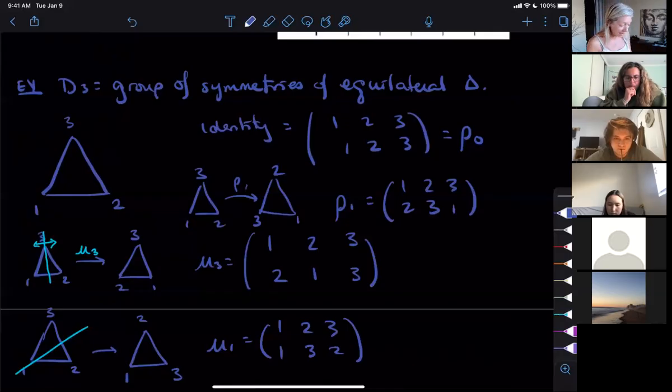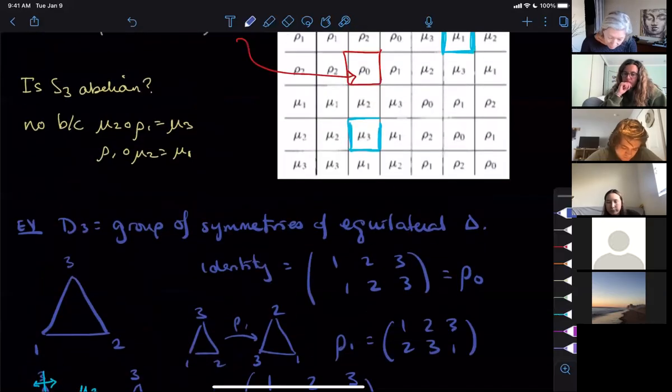Do I need to include the identity as a generator? No, in fact, I don't ever want to include the identity as a generator because any other generator to the 0 power is going to give the identity already, right? And then any power of the identity doesn't really get anywhere. So yeah, we don't want to include the identity.